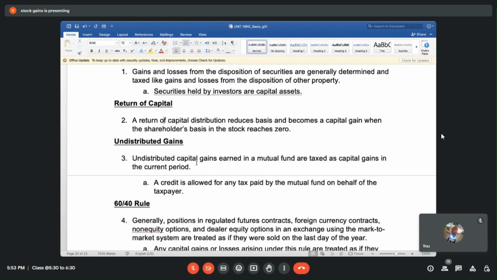Undistributed capital gains earned in a mutual fund are taxed as capital gains in the current period. So it's undistributed, fine, but it is realized. Maybe it's just sitting there, right? A lot of times when the transaction is happening automatically, or when we have an FD, we put that checkbox to renew it automatically.